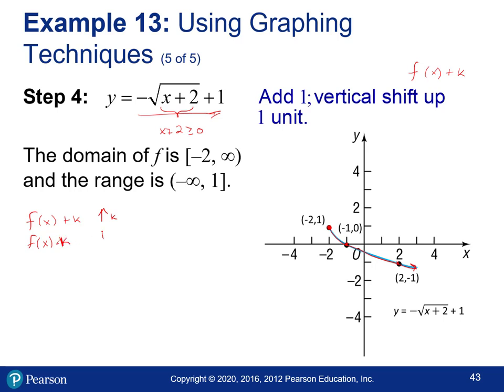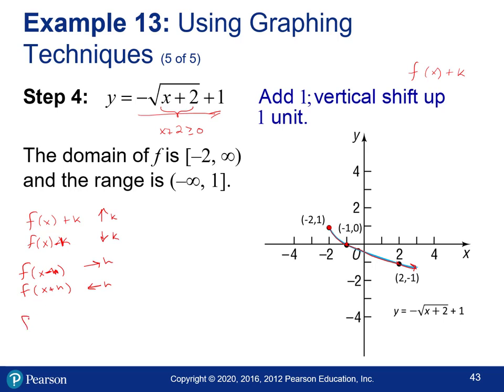The whole graph shifts down that amount. Those are your vertical shifts. If there's something happening inside with the x, that one's going to be horizontal, and it's going to go left if it's a plus, and it's going to go right if it looks like a minus like that. Or you can factor out, like we did on this one, factor out a negative. So those were your shifts.